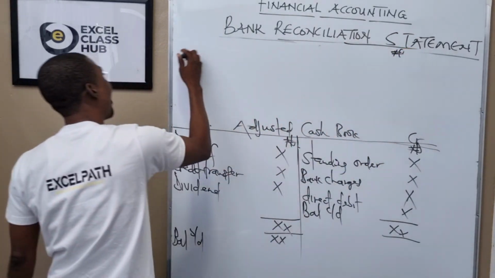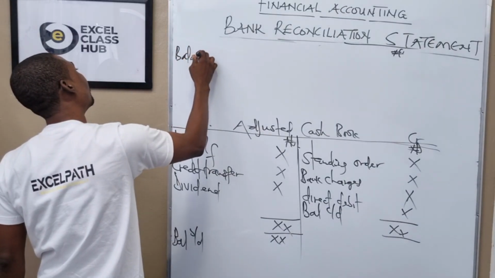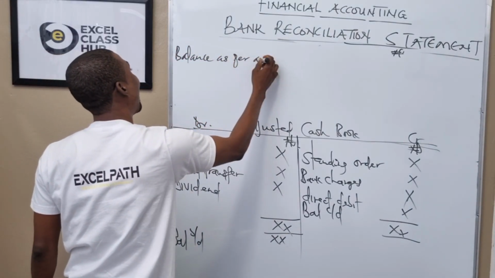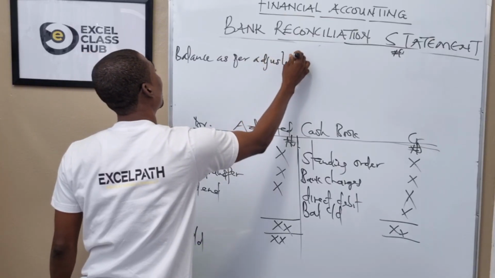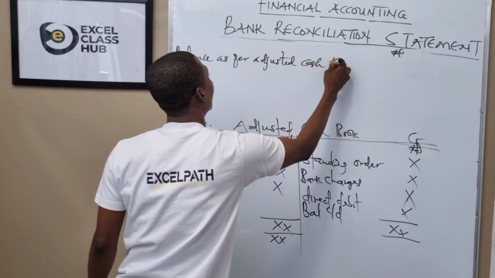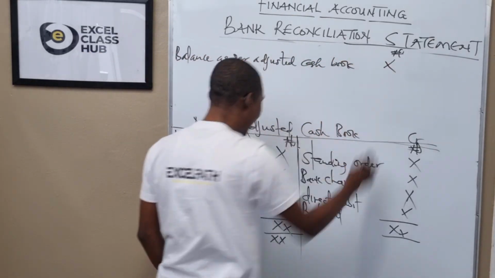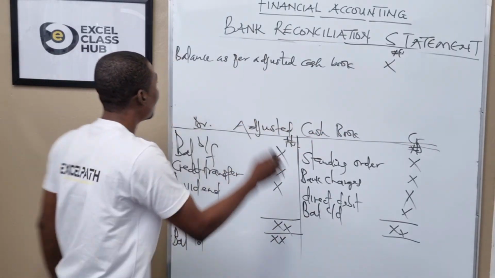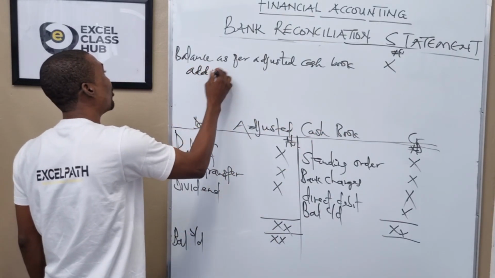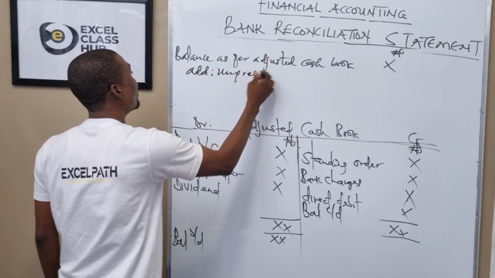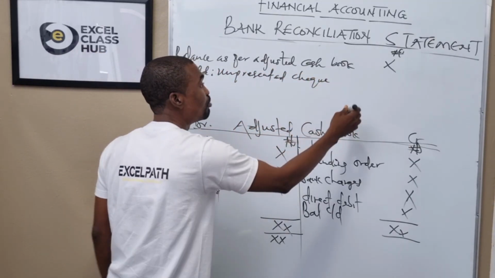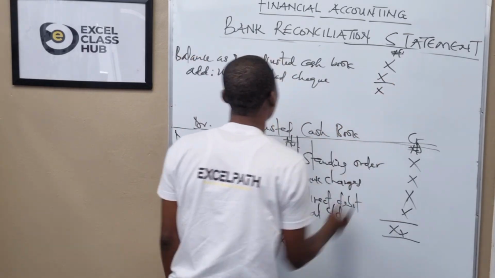So you now have the bank reconciliation statement. You put your naira. You have balance as per adjusted cash book. Okay, this balance here is what you are bringing down here to your bank reconciliation statement. Then what's the next thing you do? You add unpresented check. I've explained to you what unpresented check is, and I told you that unpresented check is also known as outstanding check.